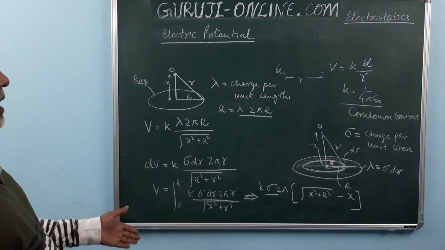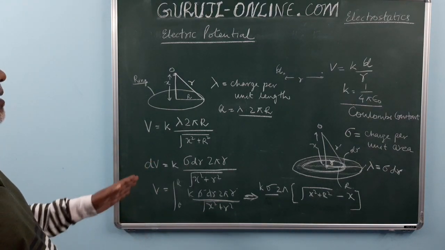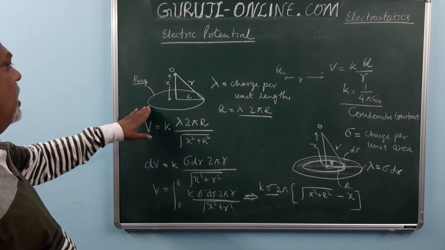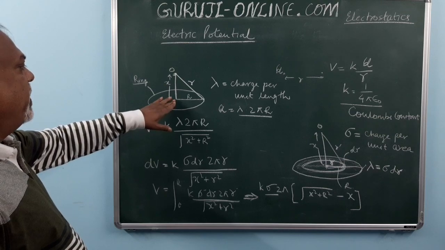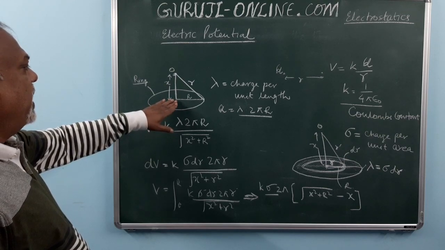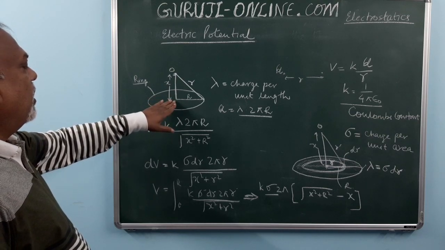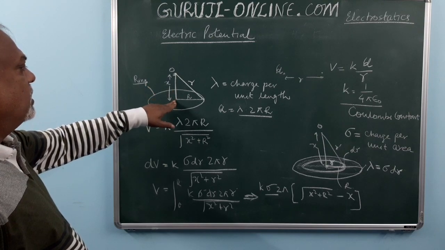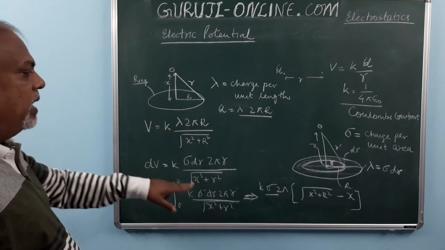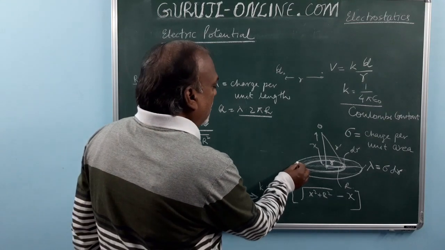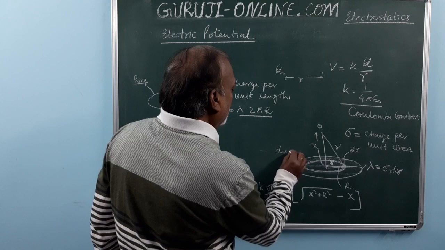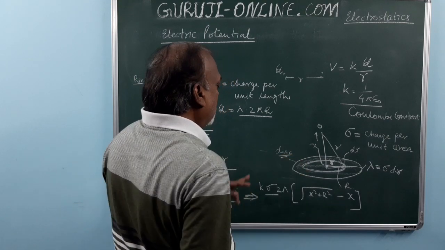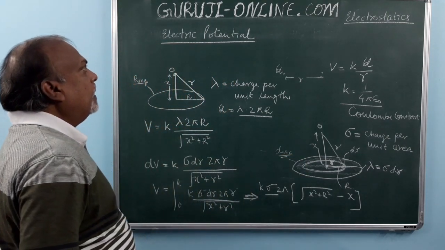With this analogy we can find out the potential at a point perpendicular to this plane at a distance of x, in case of a ring as well as in case of a disk. These concepts you must be clear.